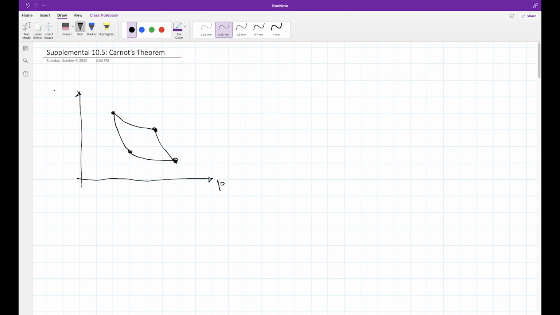So here it is in PV space. Remember that we're going to want to go counterclockwise in this space. Here, the steeper two curves are adiabatic, and the shallower two curves are isothermal.